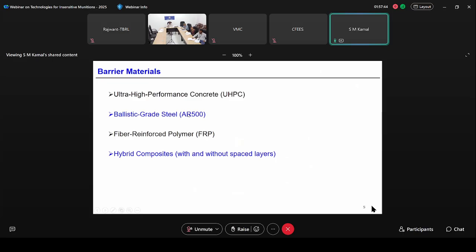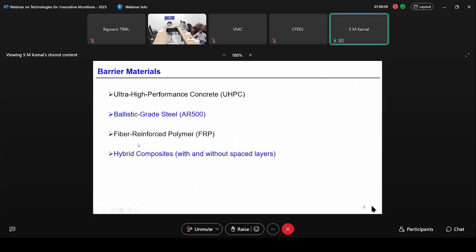And then ballistic grade steel such as AR 500, which is capable of resisting fragments. And then fiber reinforced polymers, it may be carbon fiber reinforced polymer or glass fiber reinforced polymer. They are very lightweight and also capable of absorbing a good amount of energy. So these are the material candidates for our study.